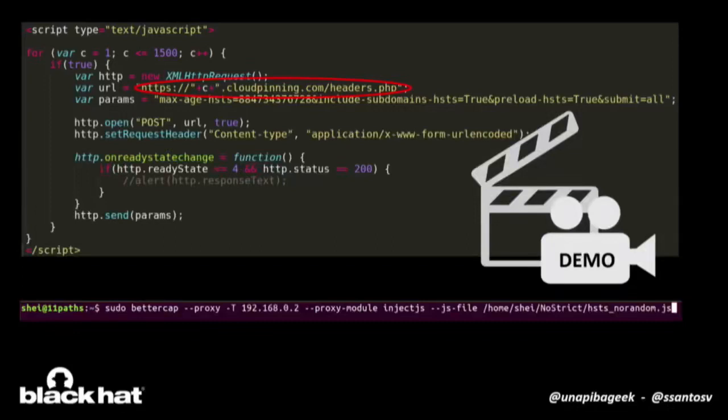First we're going to check that the browser actually remembers the domain, Instagram in this case, and then we're going to send a rush of junk entries from our own website, cloudpinning.com. It could be any public site, but this is our own. Later we're going to check that the attack has removed this domain, and then we're going to run a Bettercap SSL strip attack.